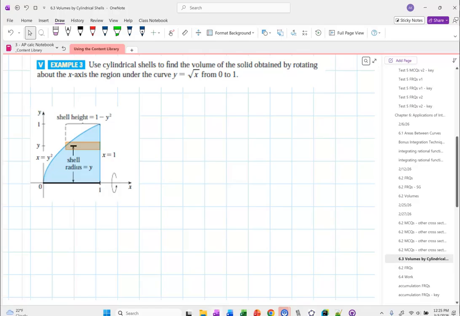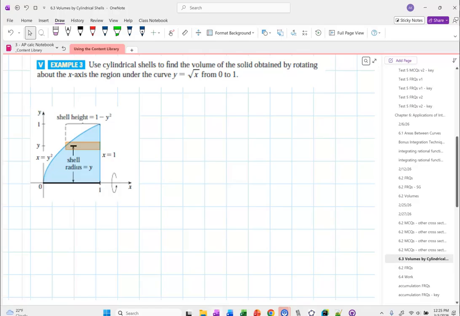If I have a convex figure, though, I'm doing disks almost without thought. So if you're thinking, why would I do this as a disk problem? My answer is I would. But it's not a difficult shell problem. Let's do it as a shell problem also, to show you what happens when we rotate about a horizontal rather than a vertical.